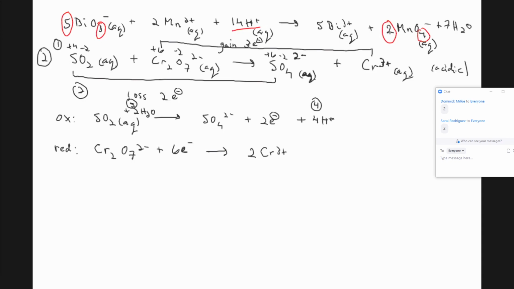I'm going to do the same for dichromate. So we have 6 electrons, -2, so that's a -8. And on the right side, we have a +6. So we need to add how many hydrogens to balance out the charges. This is +6. This side is -8. So how many hydrogen pluses am I going to add to the left side to make it +6? Or you think about it, -8 plus what number gives me +6?